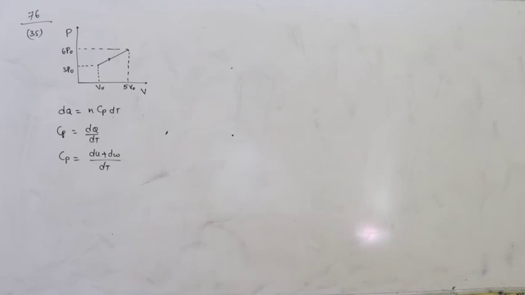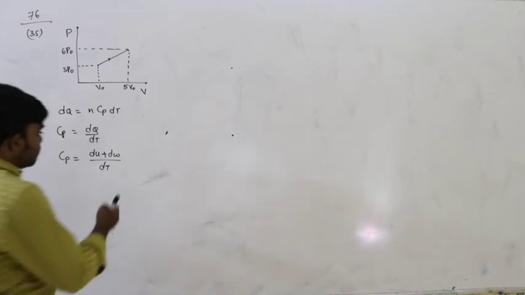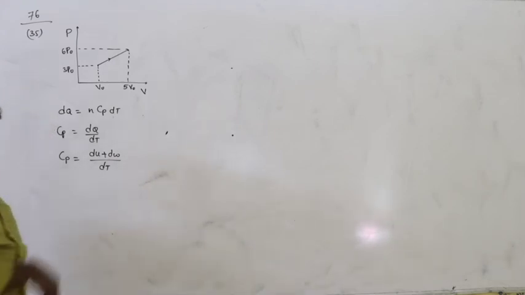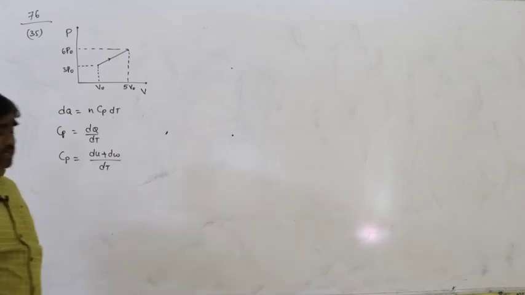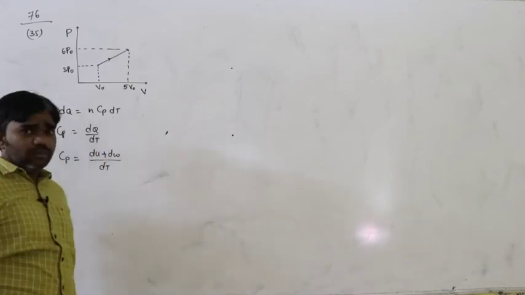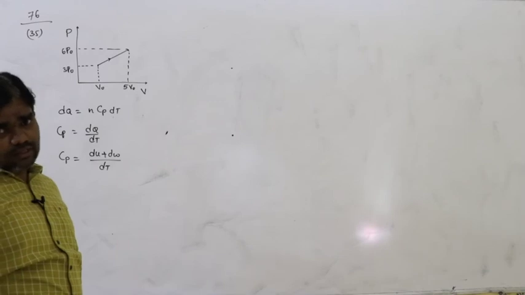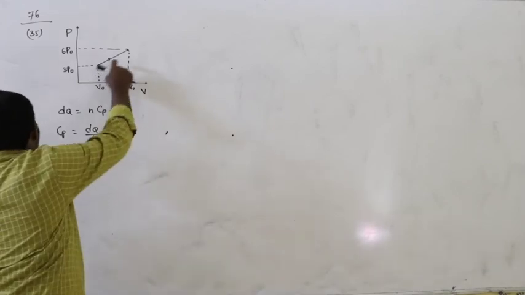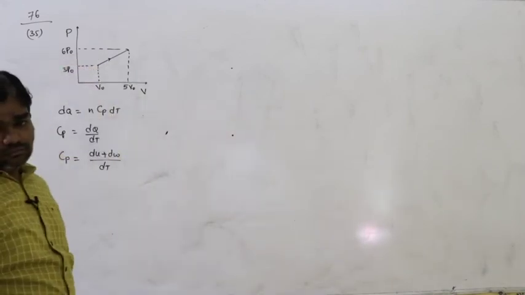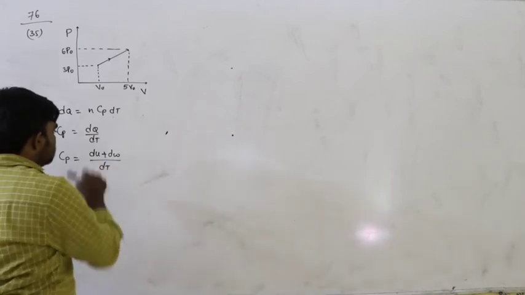It is a monoatomic gas, but the Cp value of 5 by 2 R should not be used here. According to the graph we have to calculate dU plus dW by dT.